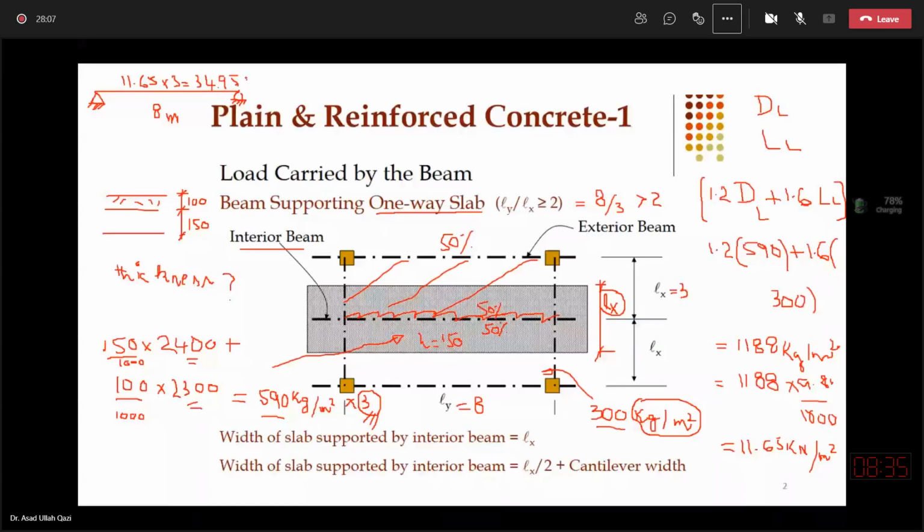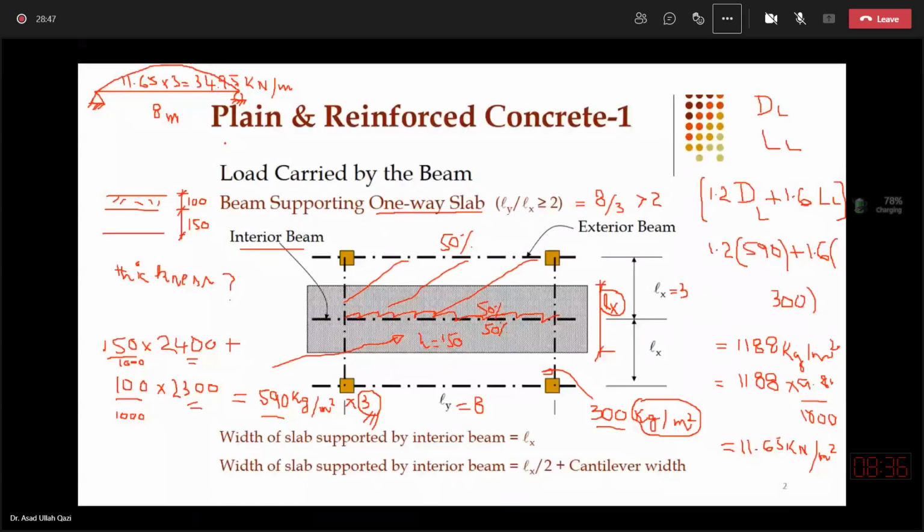against which you will design this beam. Since you are assuming at the moment that end conditions are simply supported, in the next lectures we will discuss the moment coefficients, or what might be the restraint at the ends, and then there may be a chance that the ends will hog and negative moment will come at the end. They are not fully fixed, but they are partially fixed. Then obviously we might not be considering that the bending moment diagram is WL square by 8, as for a simply supported beam.